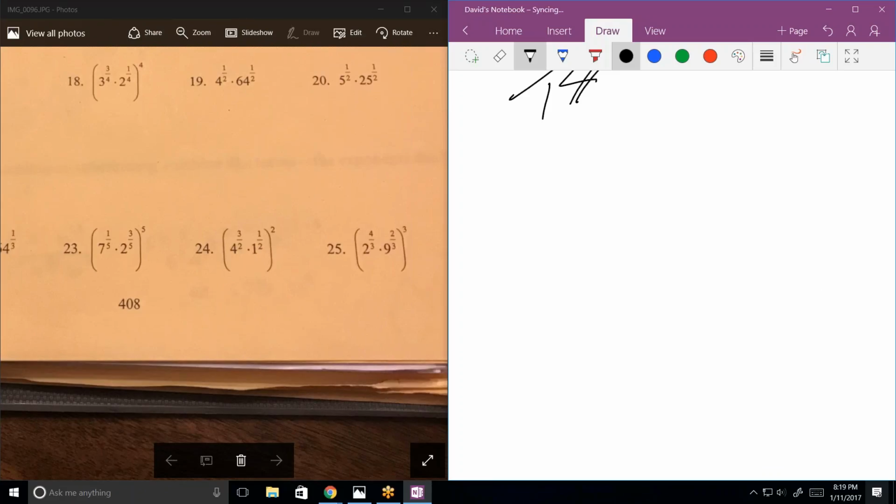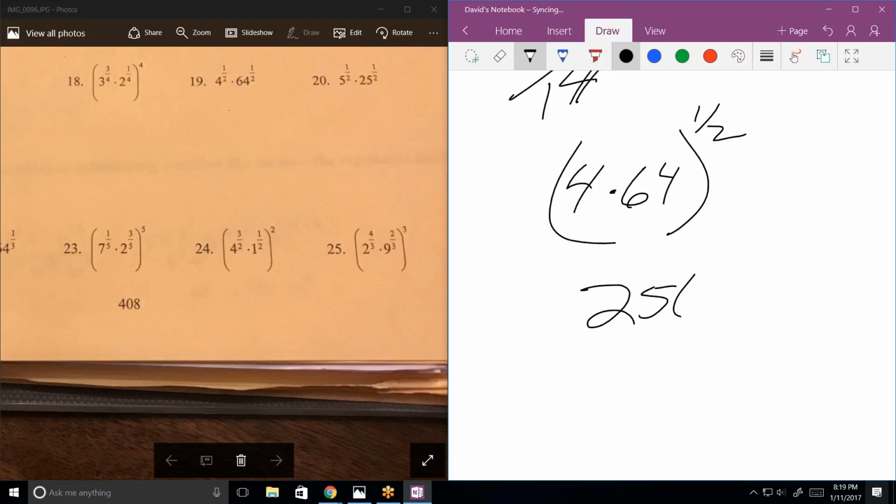Well, I could do 1 over 6 things, but there's one specific thing that's pretty key here, and that's writing it like this. 4 times 64, the whole thing to the 1/2. You can always do that if you have the same exponent. You can multiply the bases together as long as you include the same exponent in your answer. And that is 256 to the 1/2.